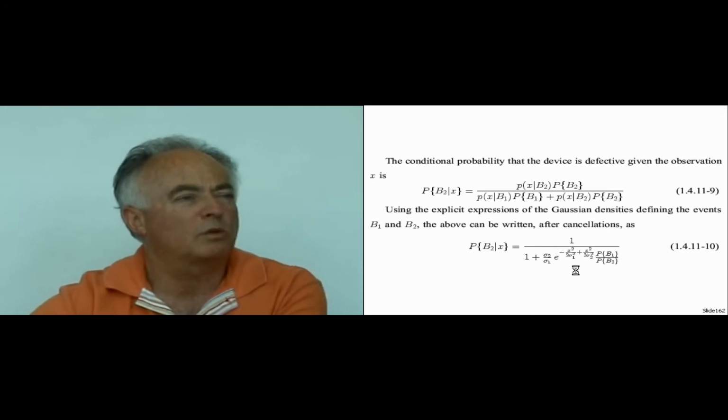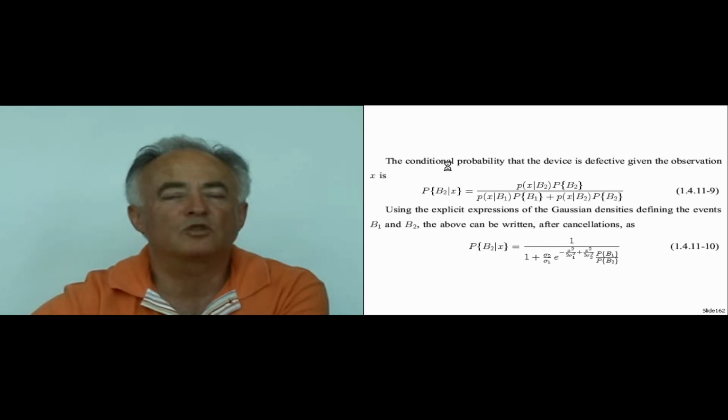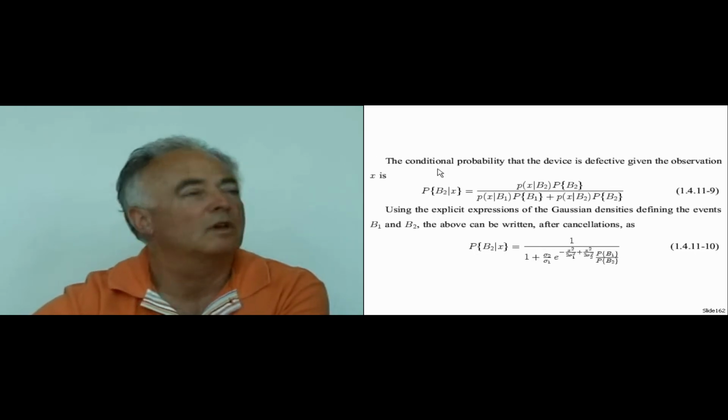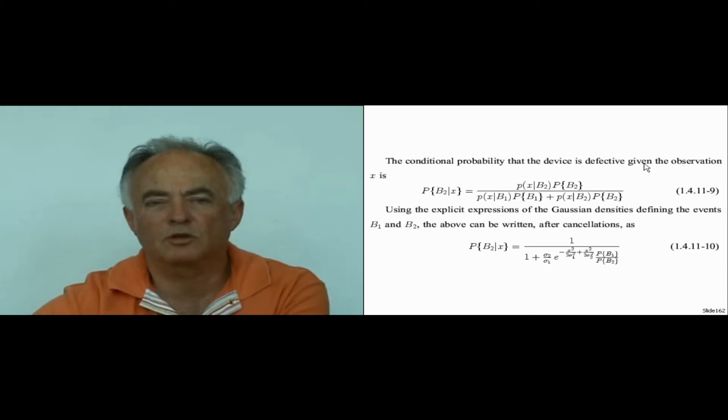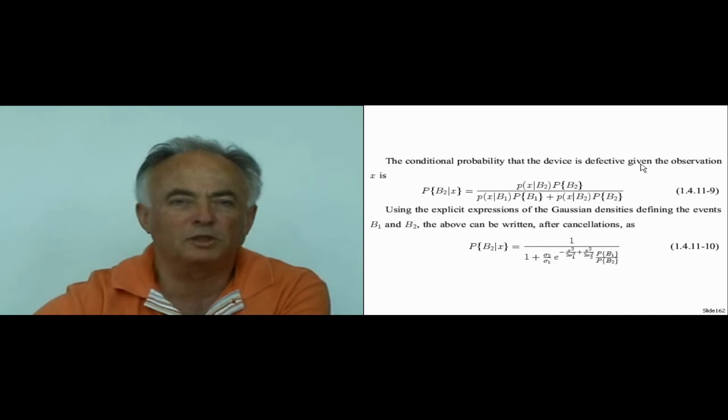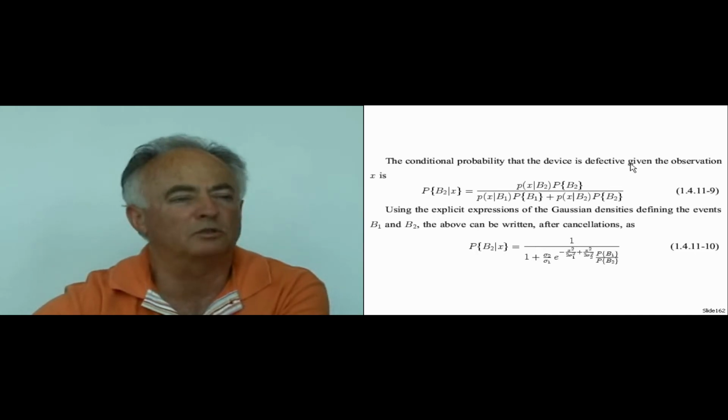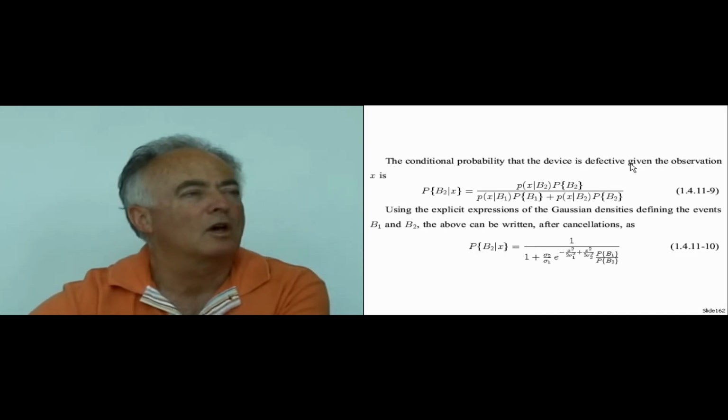Now, what we're interested in: we make, say, one observation of the noise, and we would like to infer from that single observation whether the device is operating according to specs or not. What do we have?